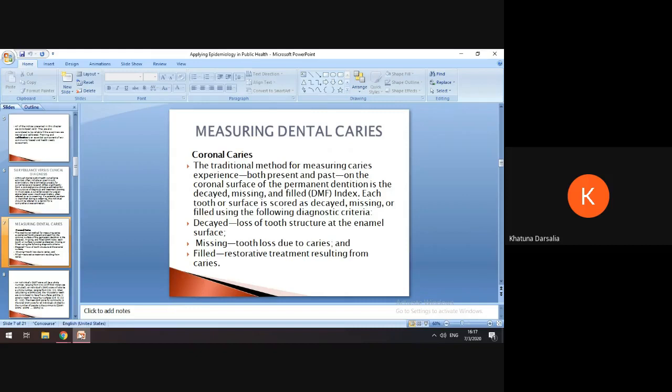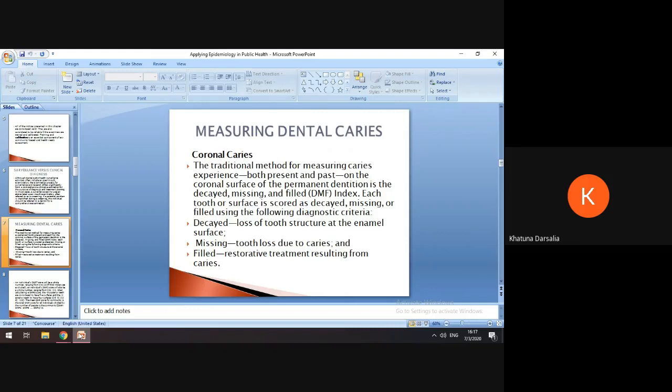Dental caries occurs in both the primary and permanent dentitions and on both the coronal and root surfaces. Because of differences in the measurement of caries on coronal versus root surfaces, the major measurement of each surface type will be addressed separately.